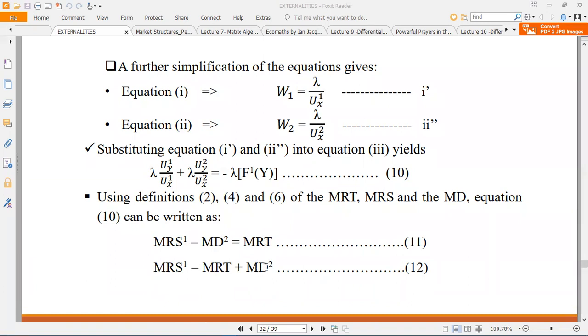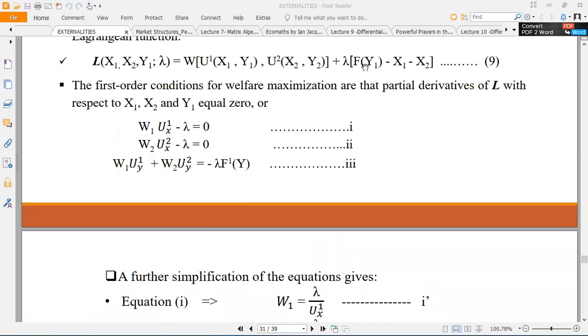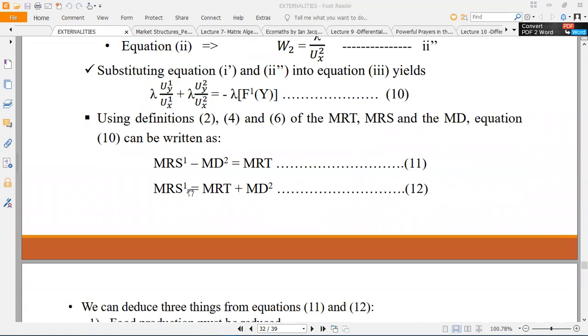So this is what we've been able to arrive at. It means that before we can get the efficient allocations for x1, x2, and y1, this condition must hold.